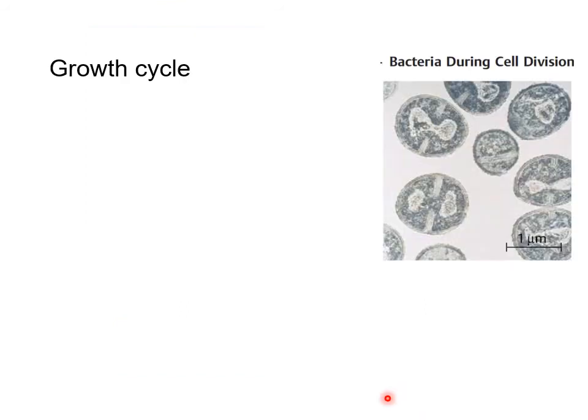So this is a growth cycle here. What you can see from this picture is a cell with a cellular membrane that starts swelling and then goes inwards. So the inward movement of the cell wall and then the cytoplasmic membrane will squeeze the two parts of the cell, and then the organelles start dividing and distributing between the two sides.